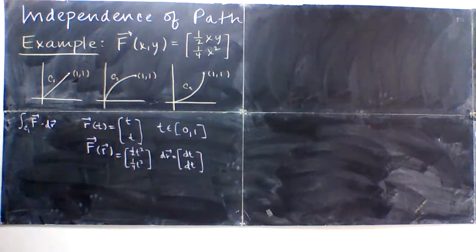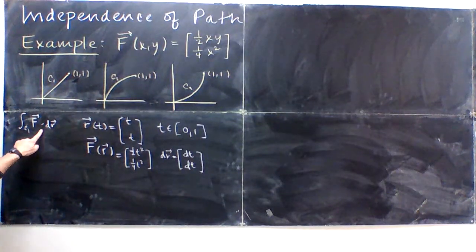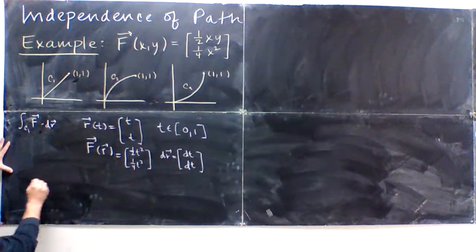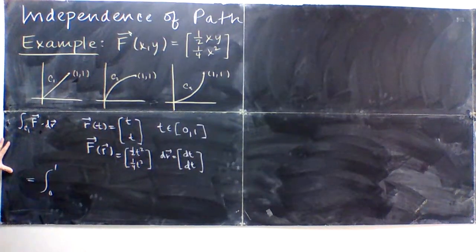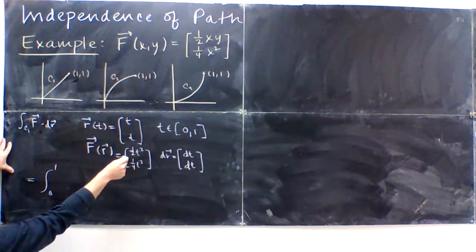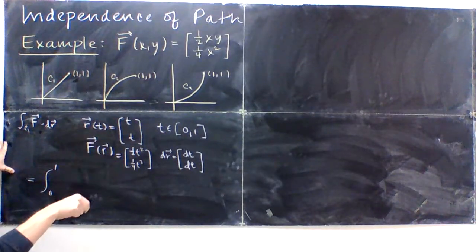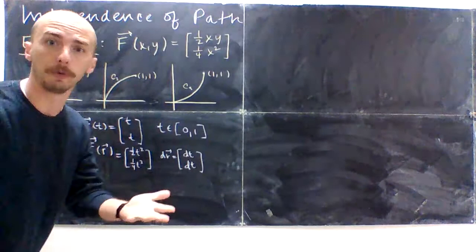So this integral of F dotted with dr over C1 is going to be equal to the integral from t equals 0 to t equals 1 of 1/2 t squared dt plus 1/4 t squared dt. I add those together, I get 3/4 t squared dt.